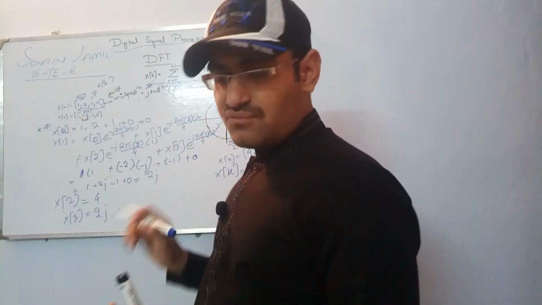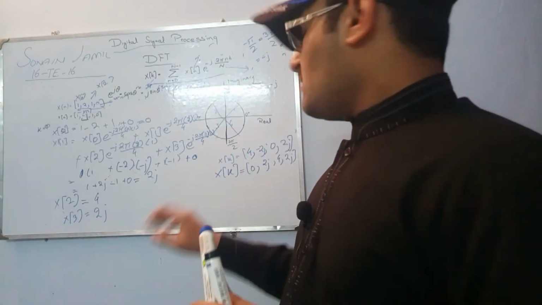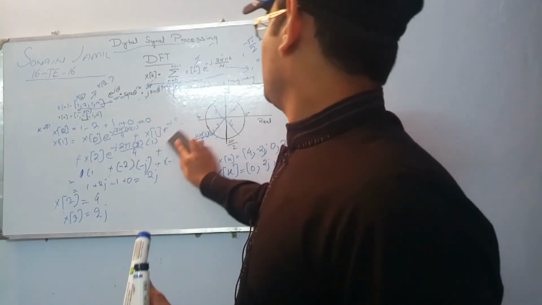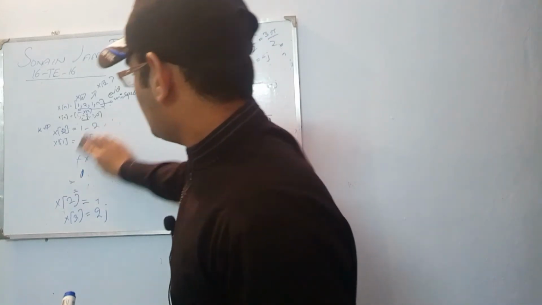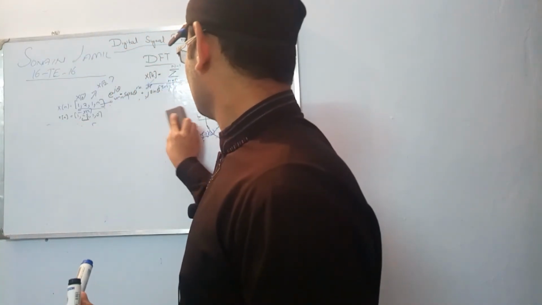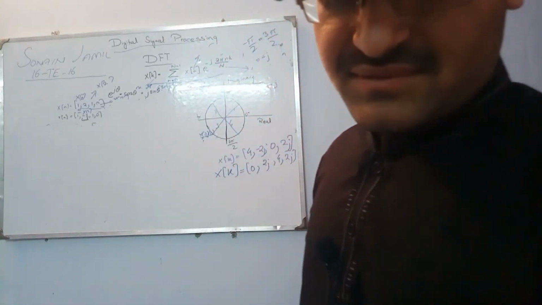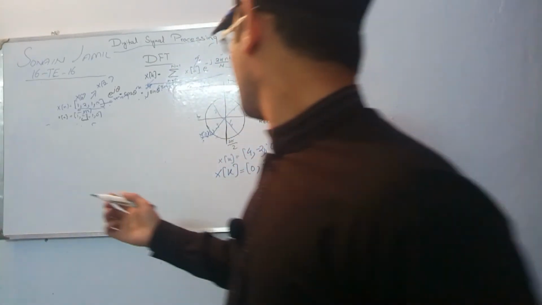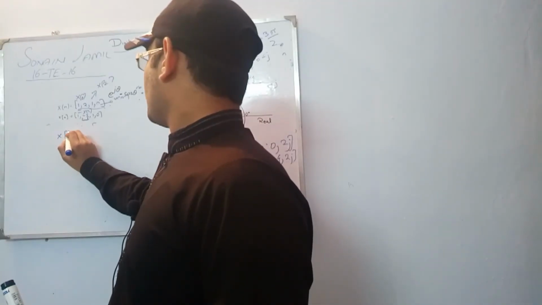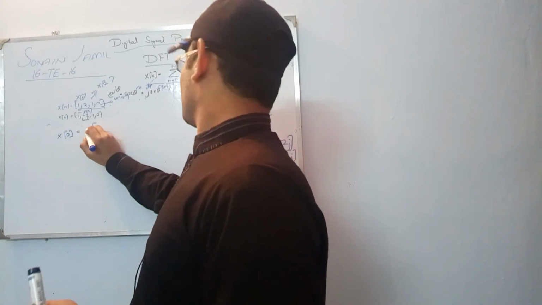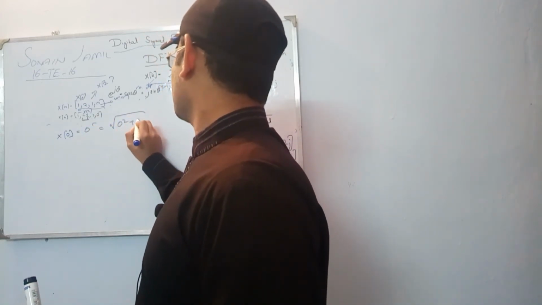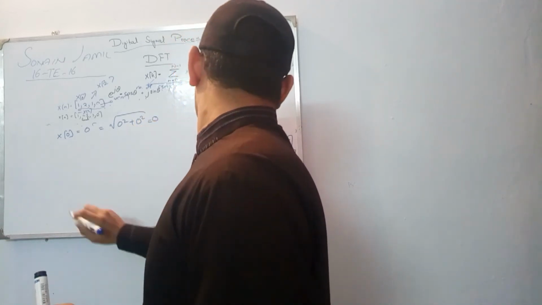So if we want to find the magnitude of this, x of 0 has magnitude 0 squared plus 0 squared, which is equal to 0.